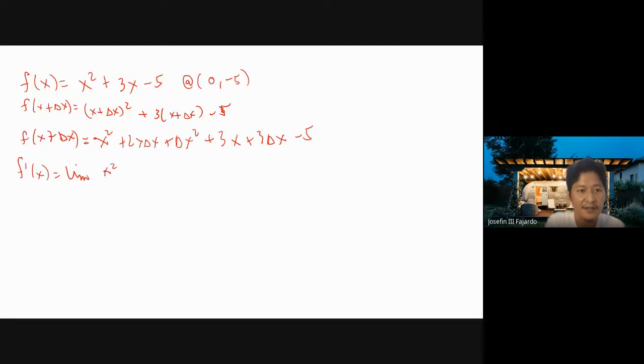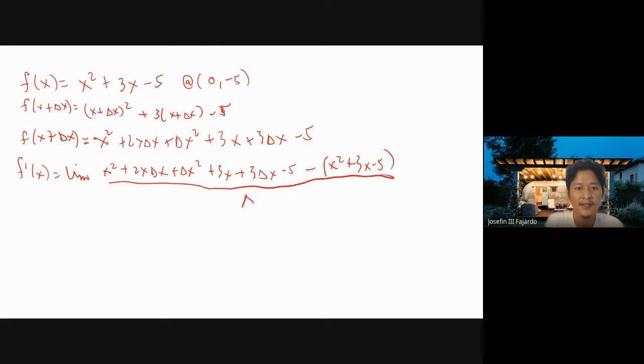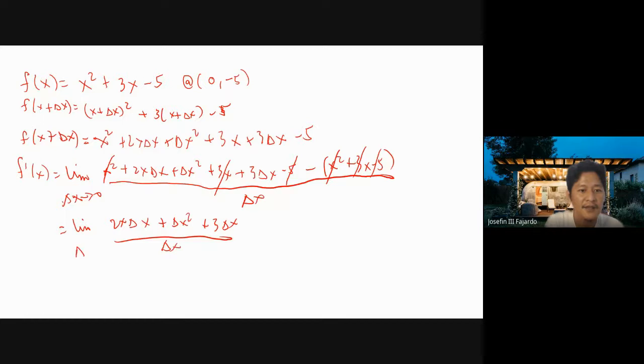I will copy this directly: x squared plus 2x delta x plus delta x squared plus 3x plus 3 delta x minus 5, minus f of x, that would be x squared plus 3x minus 5, all over delta x, as delta x approaches 0. So let us cancel first: x squared is gone, 3x is gone, negative 5 is gone. What remains is the limit of 2x delta x plus delta x squared plus 3 delta x all over delta x as delta x approaches 0.